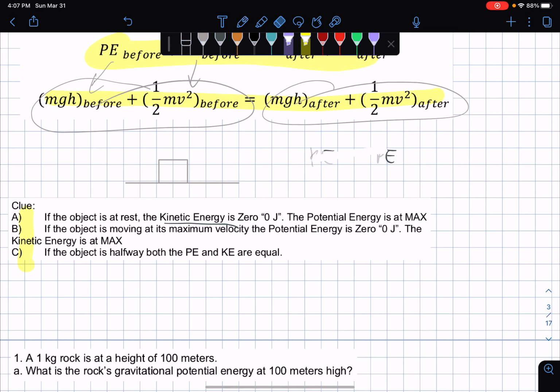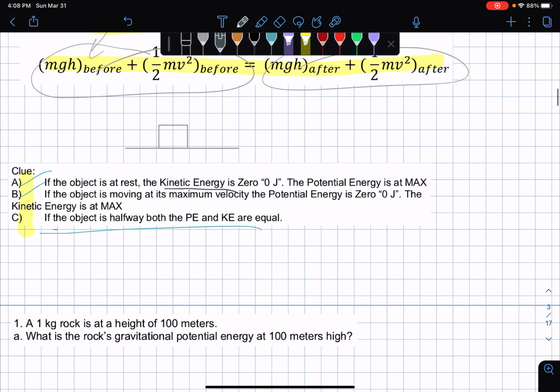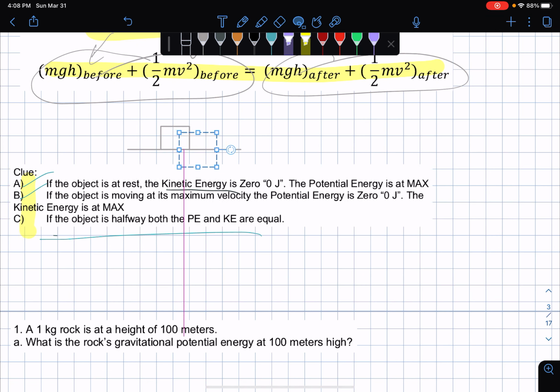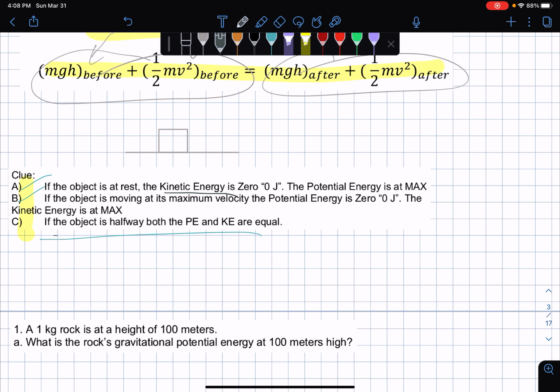If the object is halfway, then both the PE and KE are equal. So that's a possible scenario. So I think for statements A and B, they're logical to understand. But for letter C, it may take some time to understand. Perhaps through some practice questions, it could be understood properly.